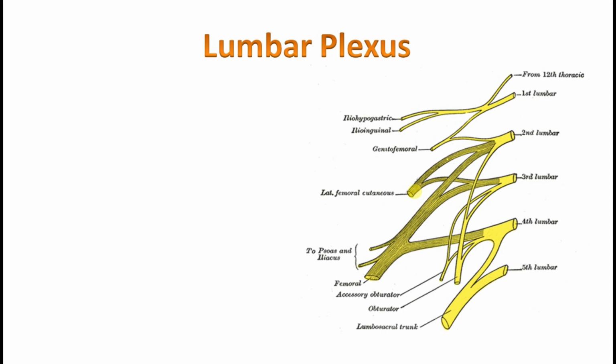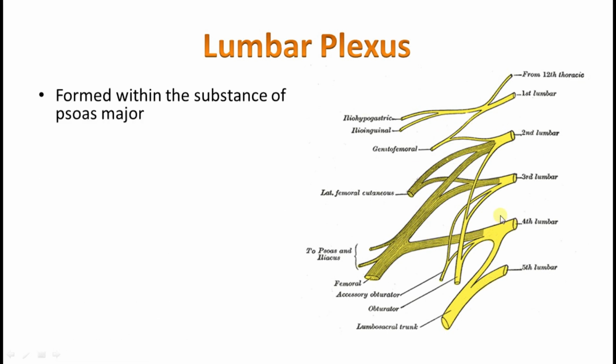Now again we will see a brief description of the lumbar plexus. The lumbar plexus is formed by the anterior primary rami of L2, L3 and L4, within the substance of the psoas major.